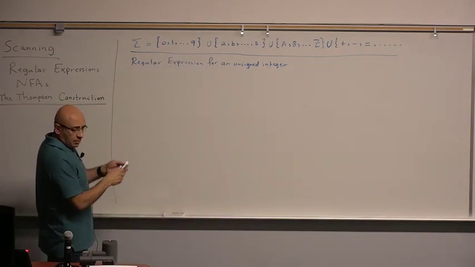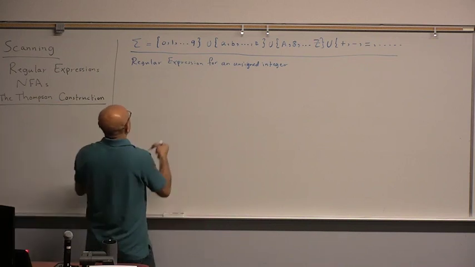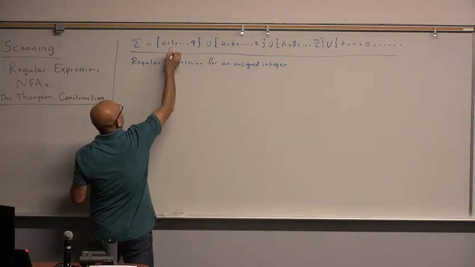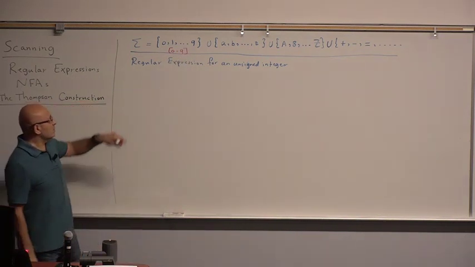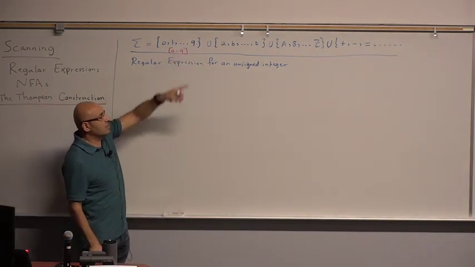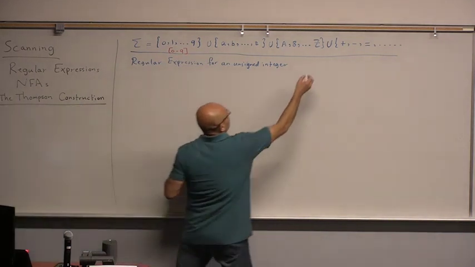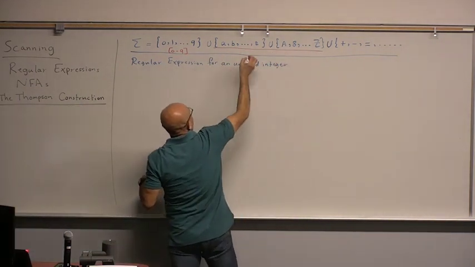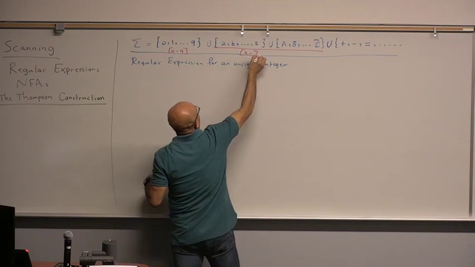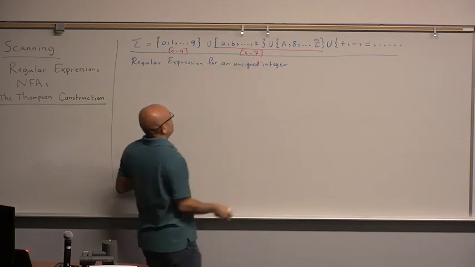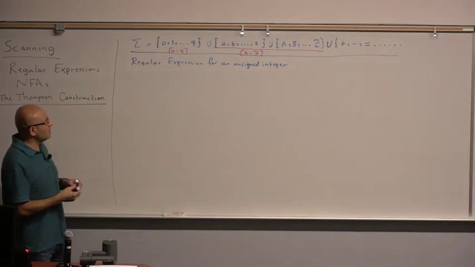For numbers, we will use the shorthand 0 to 9, which means all the numbers from 0 to 9. And for alphabetic characters, we will use A to Z. This is different from what they're using in the book.